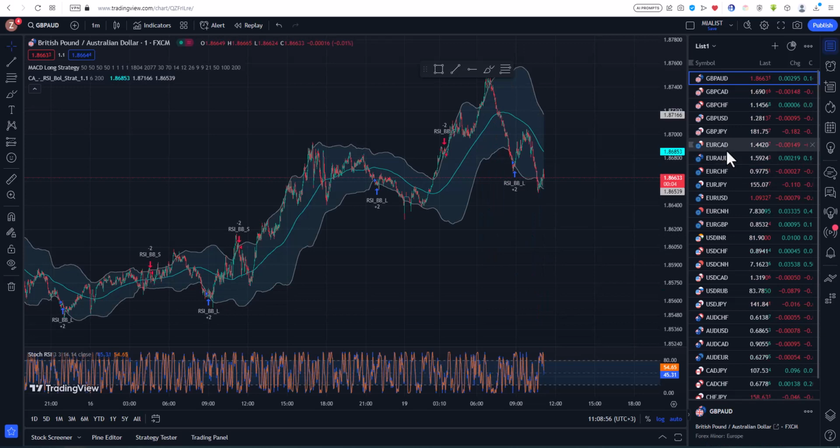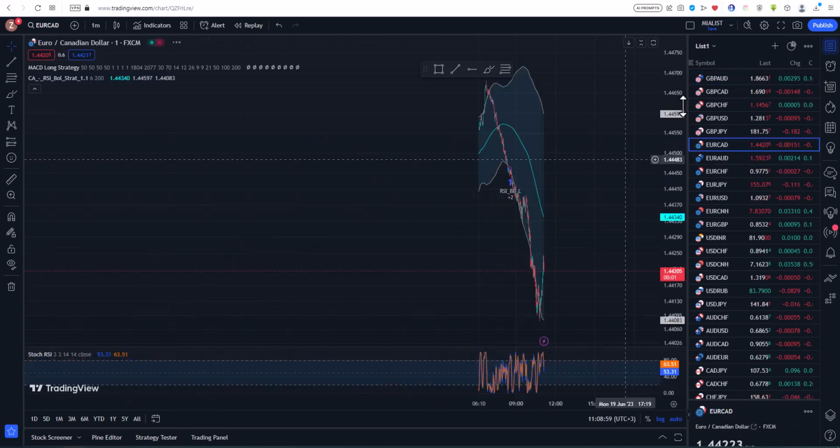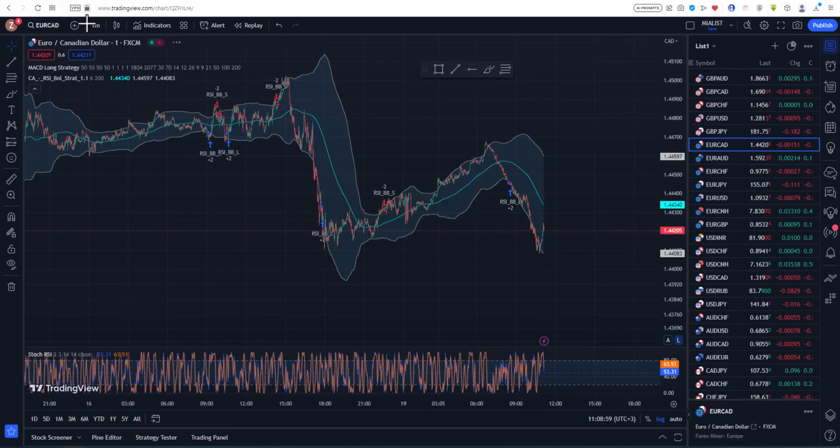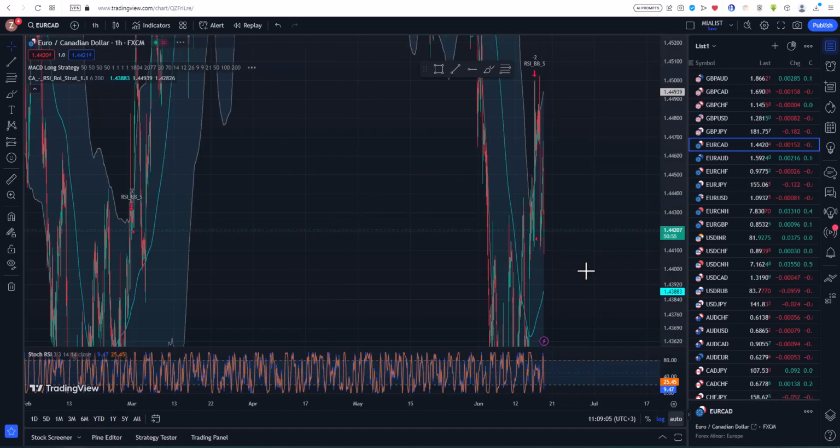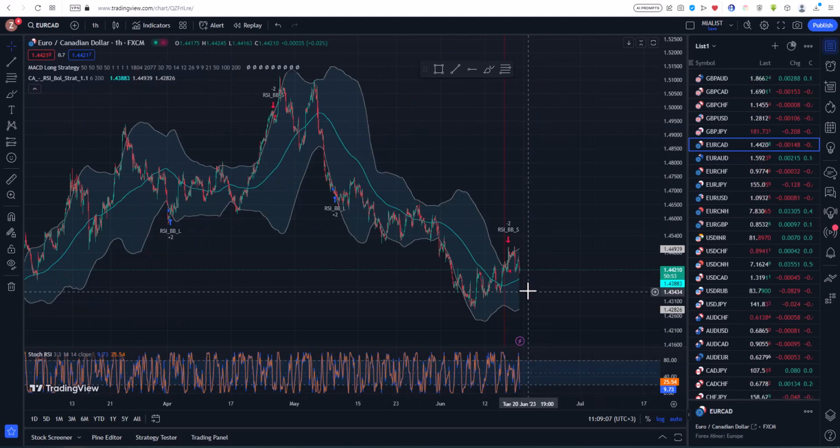I am going to find this pair on TradingView and take a broader look at the overall picture. So guys, here we can identify areas of support and resistance.